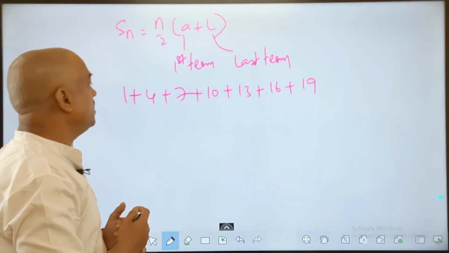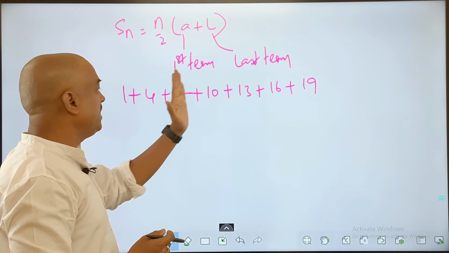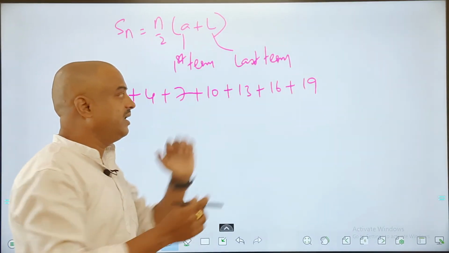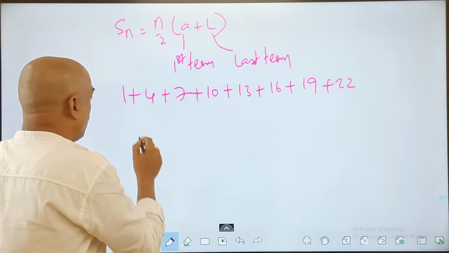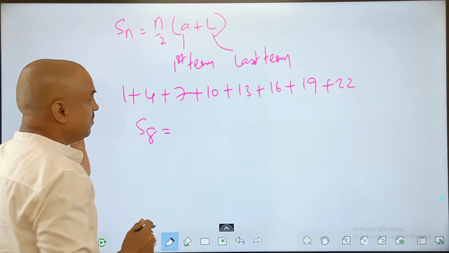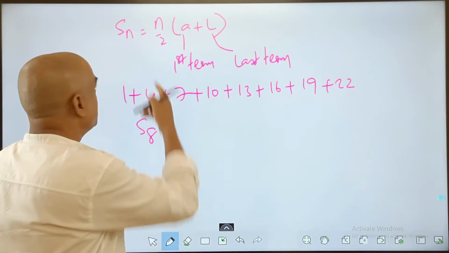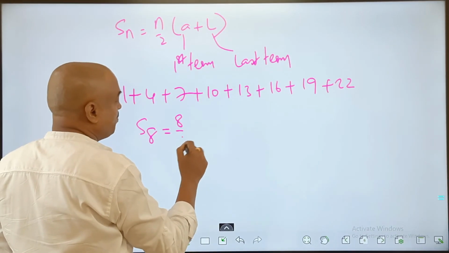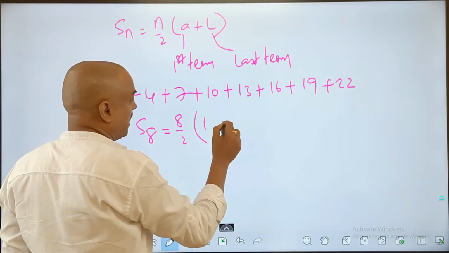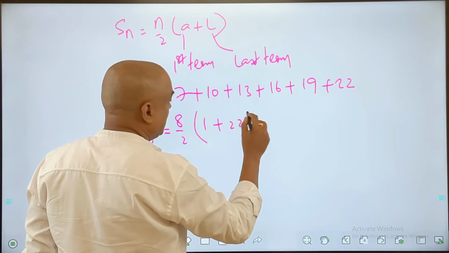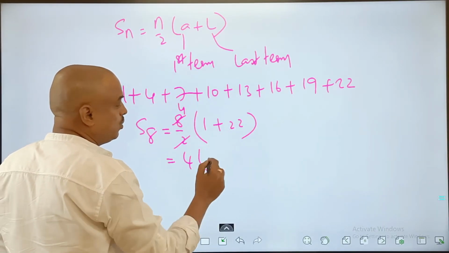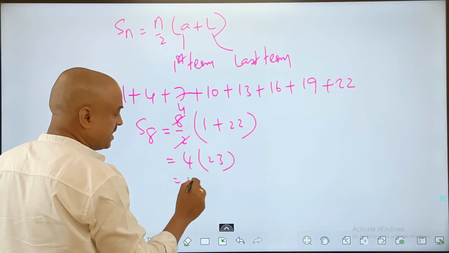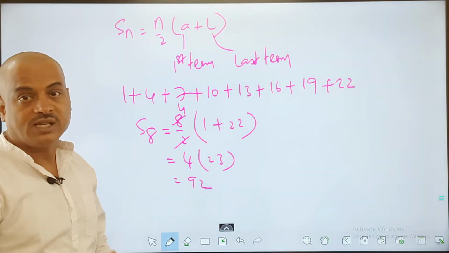You tell me how many terms we got here. 1, 2, 3, 4, 5, 6, 7. I'll take one more, 22, so 8 terms are there. So I want to add S8, the first 8 terms of the series. Look at the formula here, 8 by 2. In this the first term is 1 and the last term is 22, and the 8 by 2 gets cancelled to 4. You can say 4 into 23, which is 92, is the sum of the first n terms.